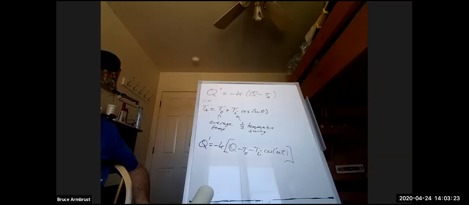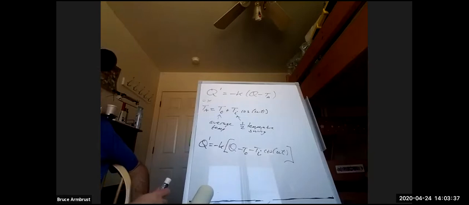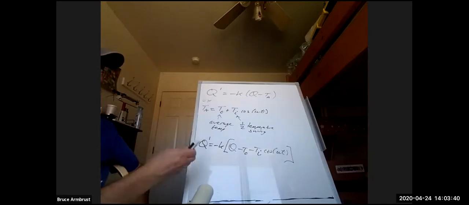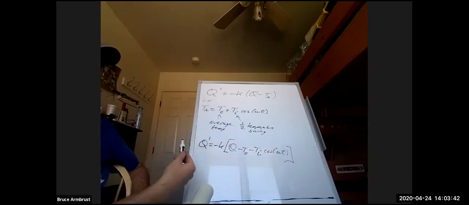All right, so does that mean we're screwed? Not necessarily. I mean, we might be in trouble depending upon how this temperature varies. But in this specific case, no, we're still okay, because look at what we can do.